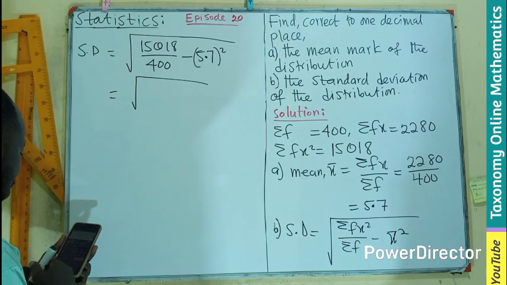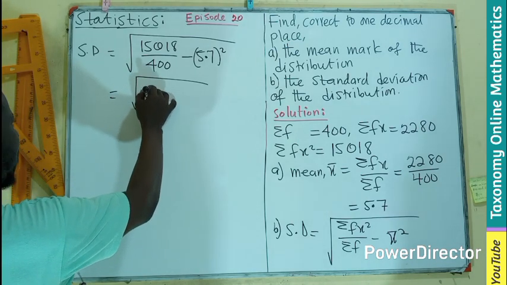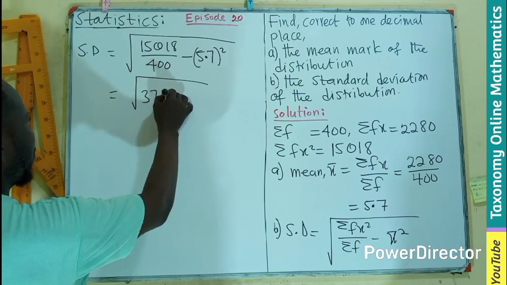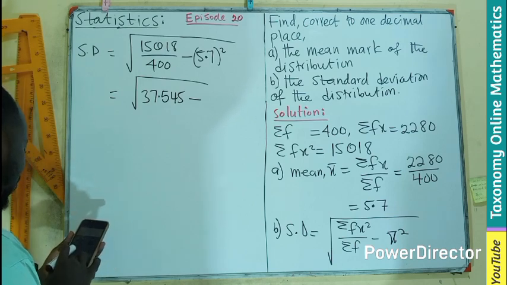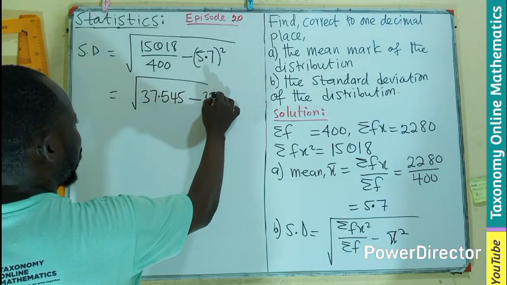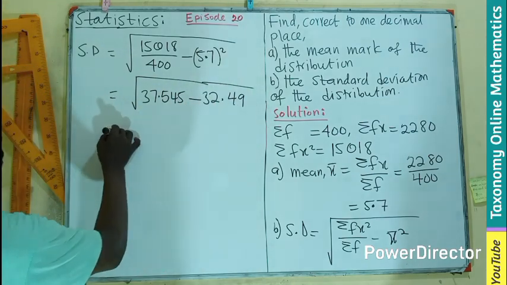So that means we are now going to have, dividing 15018 by 400, that gives us 37.545 minus 5.7 squared, right? That will also give us 32.49, all under the root.